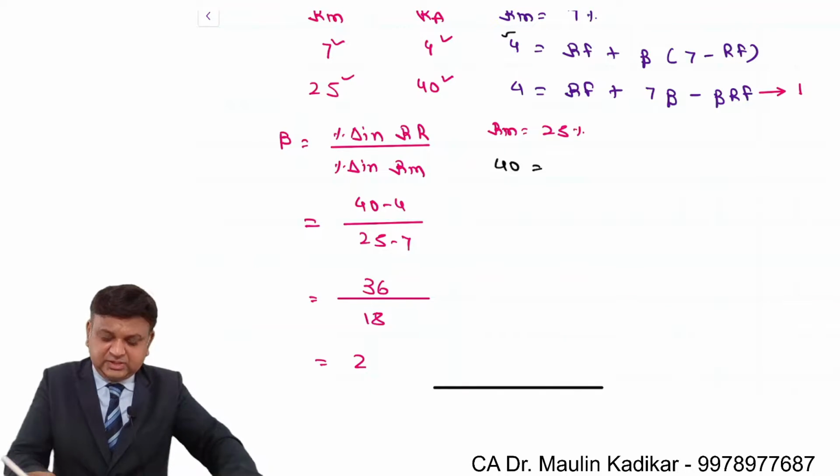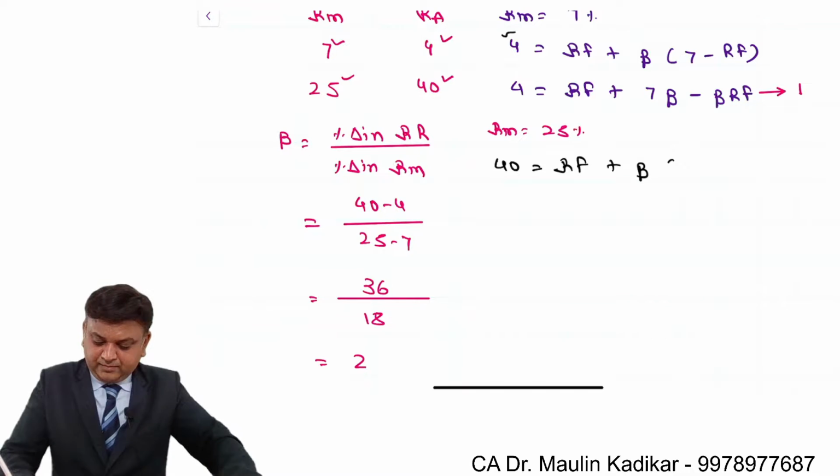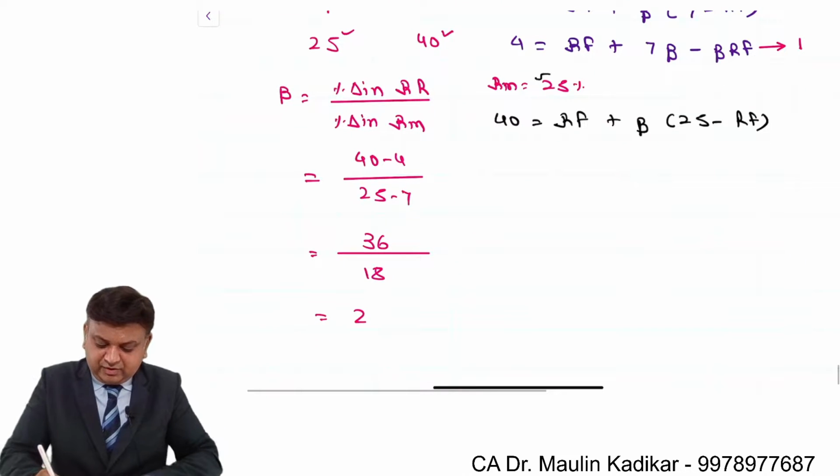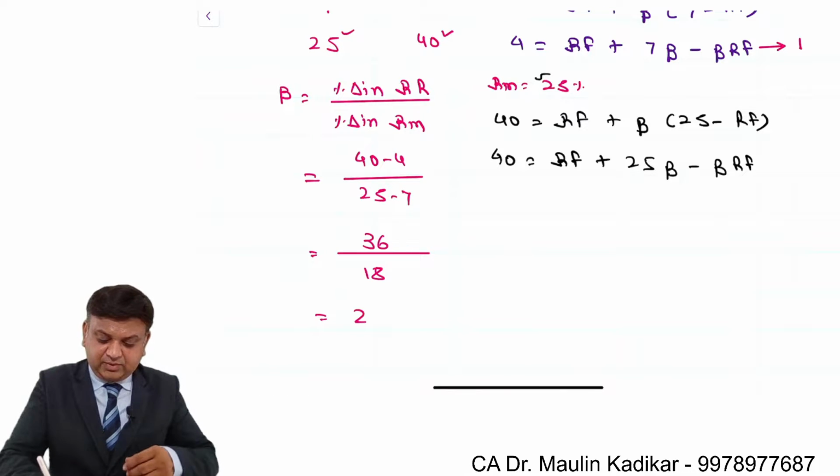So 40 is equal to, instead of 4, it will be 40, RF plus beta, which we do not know, into RM, which is 25, minus RF. So 40 is equal to RF plus 25 beta minus beta RF. This is equation number 2.